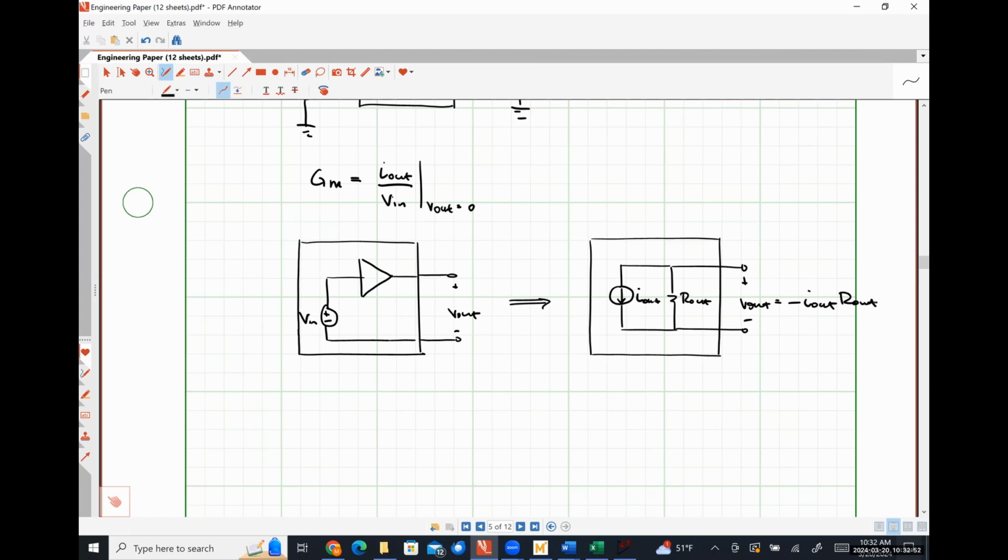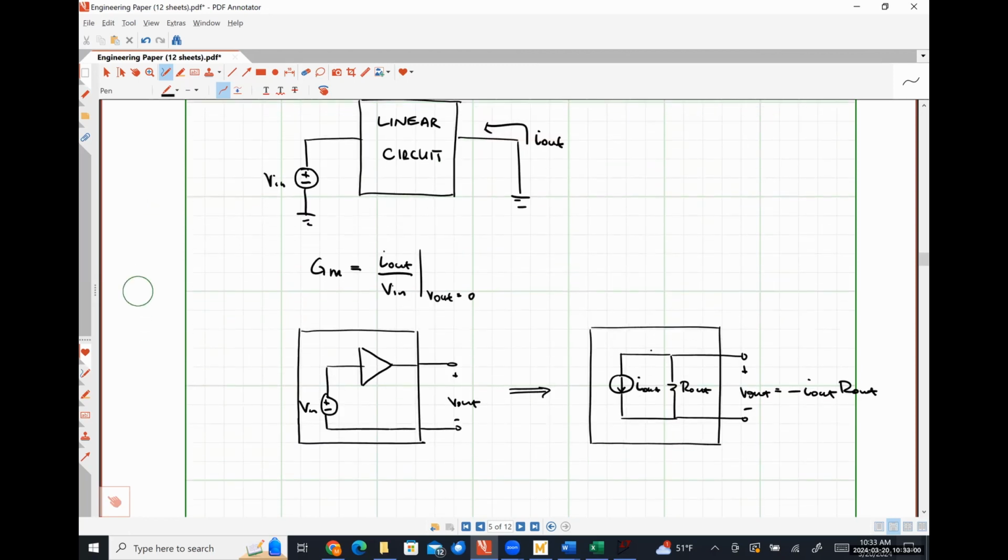And I chose to represent my current in that down direction as if it were leaving effectively our ground node, like we have up here.